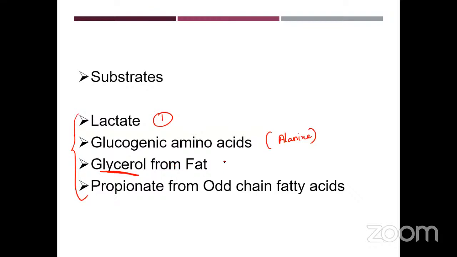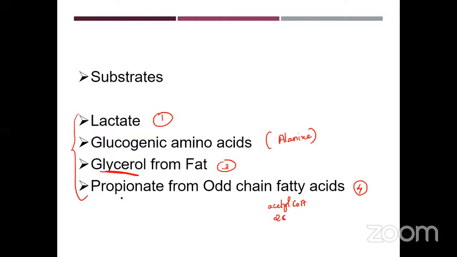So the glycerol part of the fat is the third thing, and propionate or the propionic acid, that is formed by the oxidation or breakdown of the odd chain fatty acid, will produce propionic acid. Even chain fatty acid on degradation will produce acetyl CoA only. When there is odd chain, the final one, acetyl CoA, has got 2 carbon only.